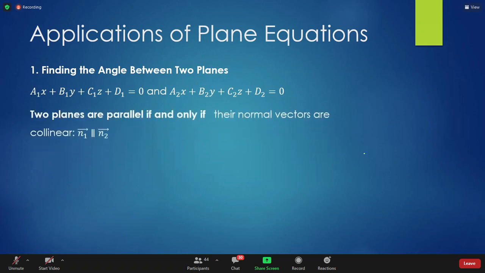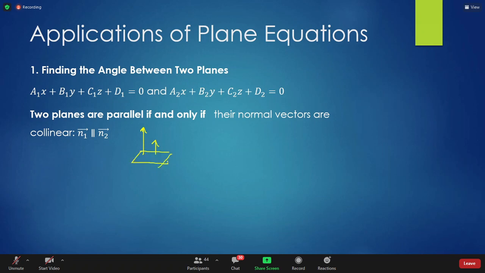So we have this cosine. In the general case, we have the cosine of the angle expressed using the normal vectors. Secondly, two planes can be parallel if and only if the normal vectors are collinear. They don't have to have the same normal vector.